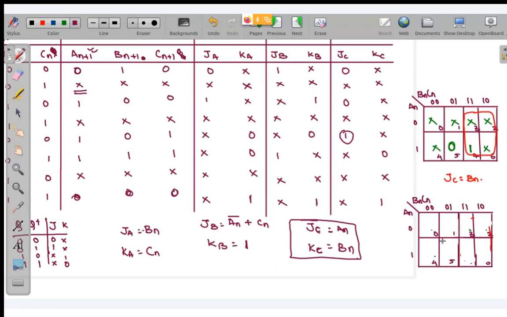If you make it, again you can draw it, you will get BN. Okay, just give me a minute.